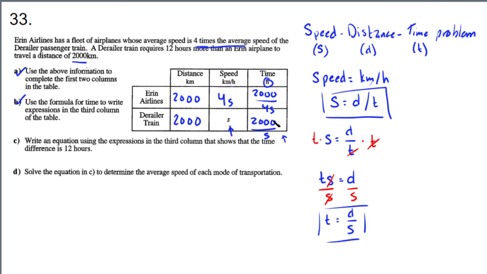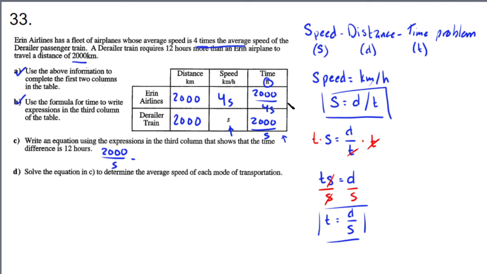When they're telling us that the time difference between these two modes of transportation is 12, 12 is a positive number. That means that when we subtract these times, we need to subtract the smaller number from the larger number. So the larger time is going to be the train. This is the one that will take longer to travel that distance. So we're going to write 2,000 divided by s. We're going to subtract the time for the airline.